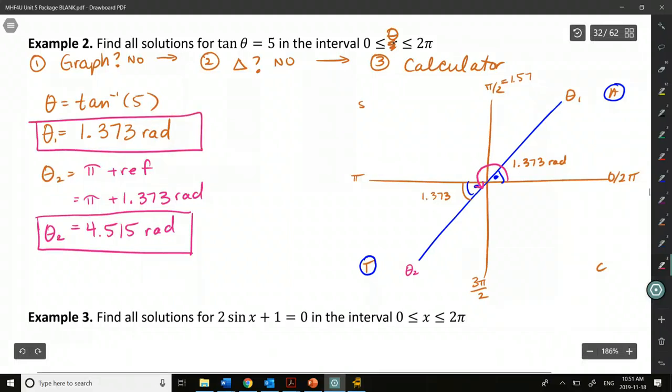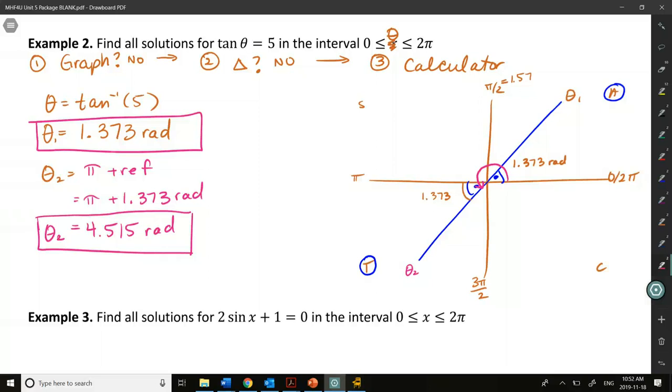Now, if you do a quick check, if you evaluate the tan of 1.373 on your calculator, you should get really close to 5. And if you evaluate tan of 4.515, we should again get really close to positive 5. So we would check that in our calculator, make sure that our answer is right. There's no reason why we wouldn't know if our answer is correct or not.